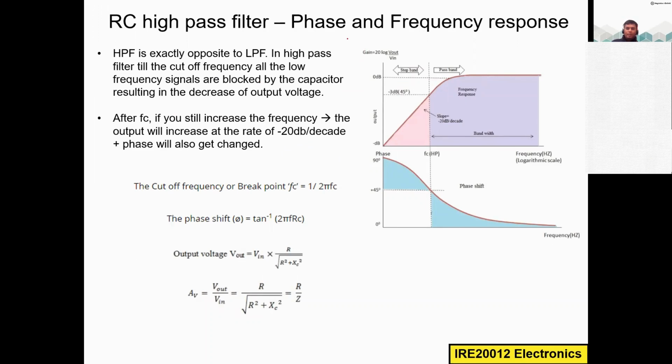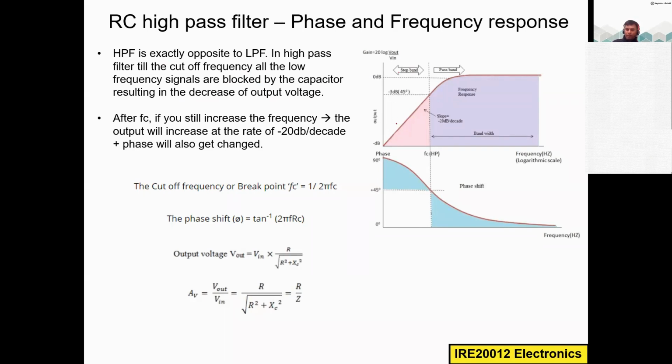Now we will see the phase and frequency response of the high pass filter. The high pass filter is exactly opposite to the low pass filter. Until the cutoff frequency, all the low frequency signals are blocked by the capacitor, resulting in a decrease of the output voltage.